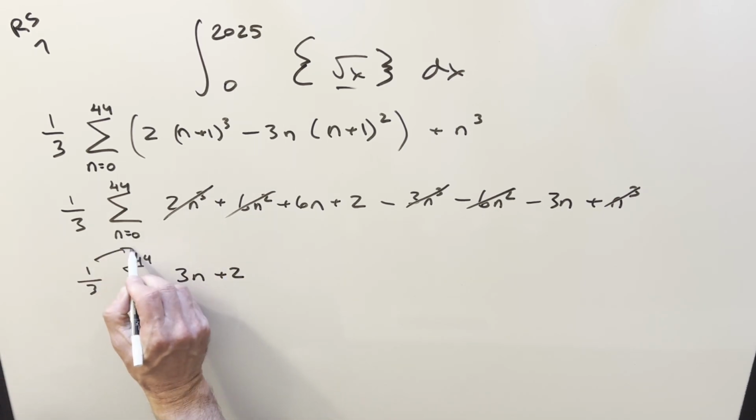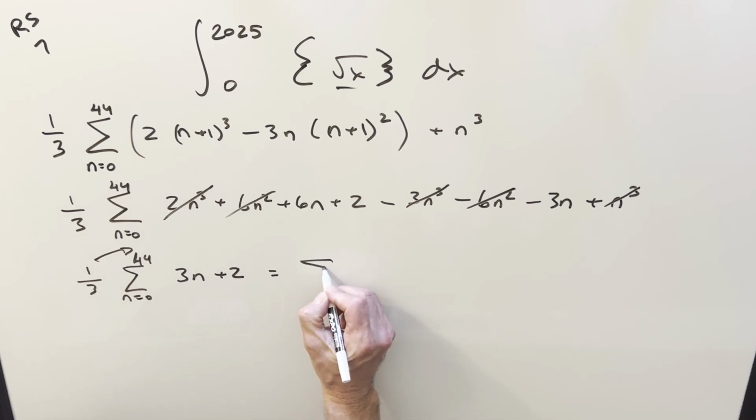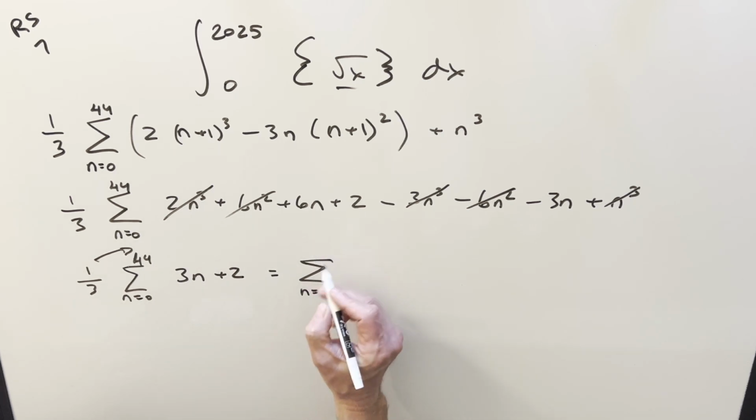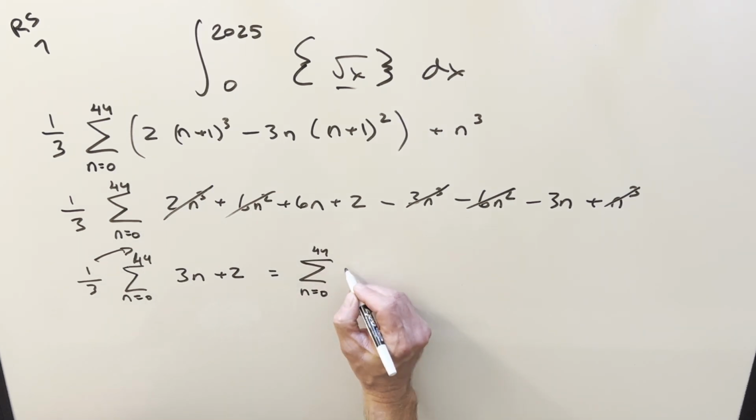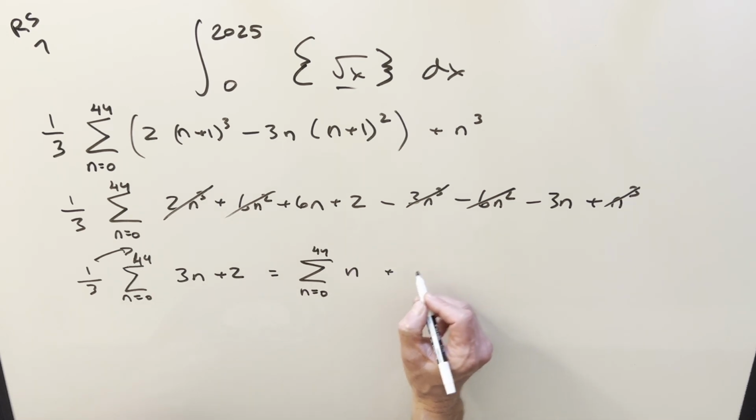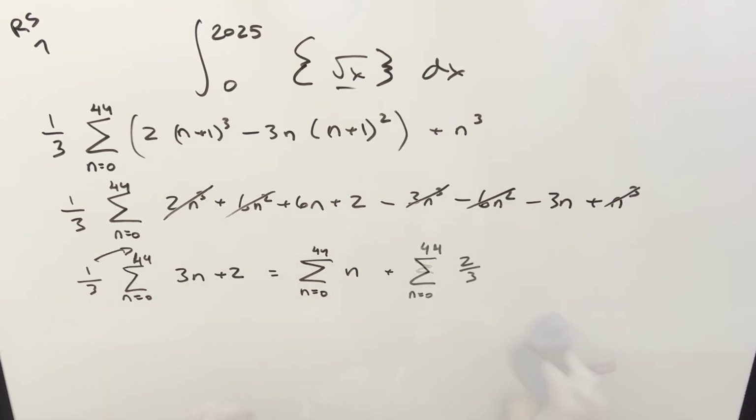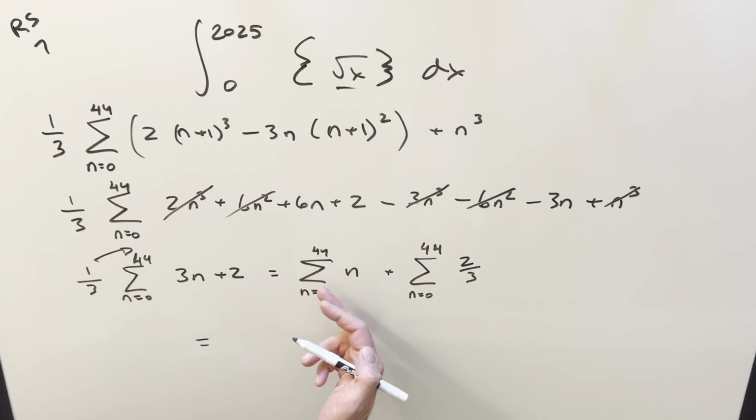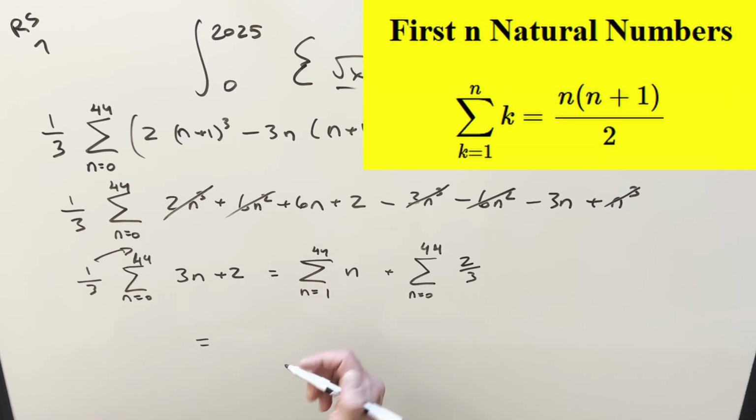Now I can multiply the 1/3 back in and break this up into two sums. The first one's just going to be n, and the second one is going to be 2/3. This first one, I can actually start at 1, because when n is 0, it's just 0. If we start at 1, what we have here is the first 44 natural numbers, so this formula is going to be 44 times 45 over 2.